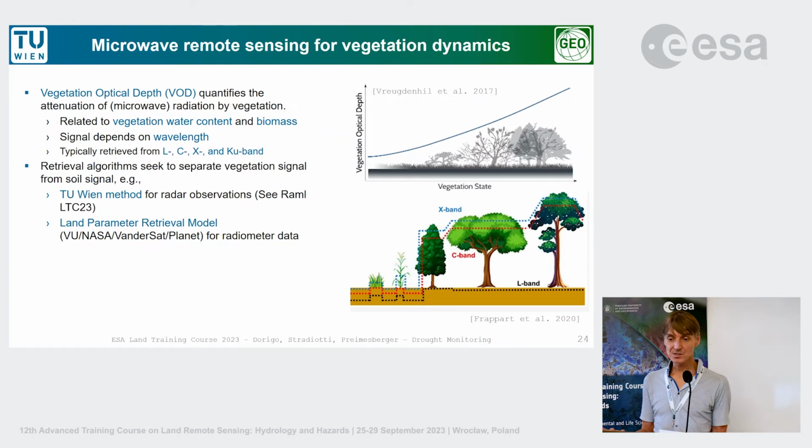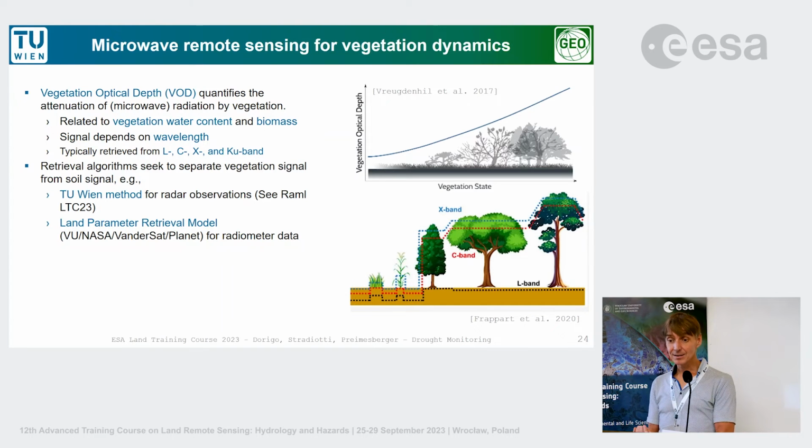So it's a radiative transfer variable. Then Ku band has very short wavelengths, high frequency, and penetrates much more difficultly through the canopy. So typically, VOD values of L-band are much lower than those of Ku-band.